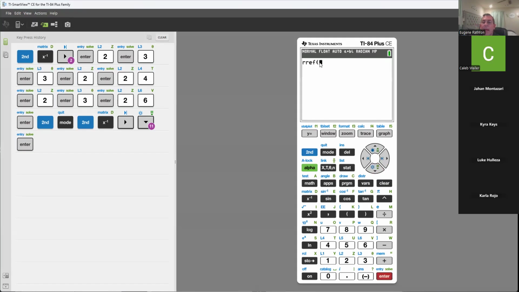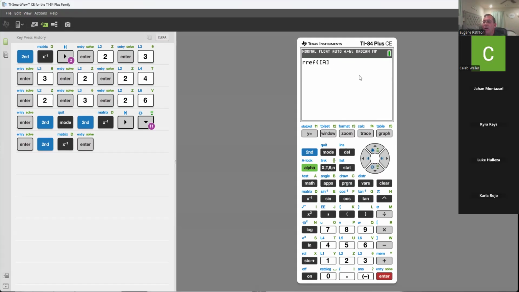Now, it's going to reduce the matrix, but we have to grab the matrix. So this will be the third time we go into the matrix. I'm going to hit second, x negative 1 to get my matrix again. And since I always use A and one's highlighted, I'm just going to hit enter, and that'll pull that matrix onto the main screen.